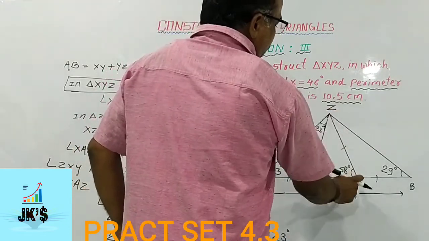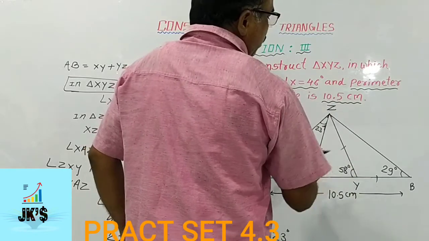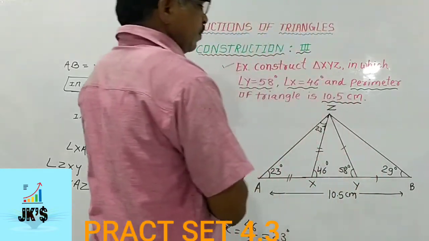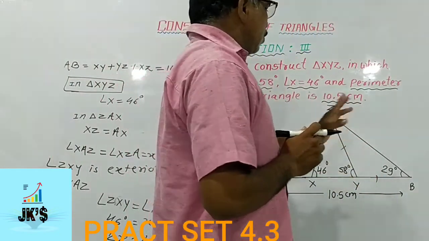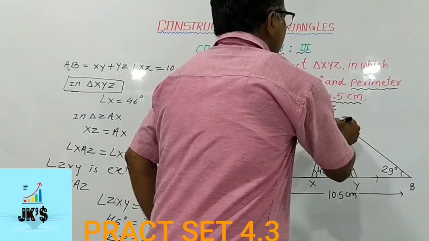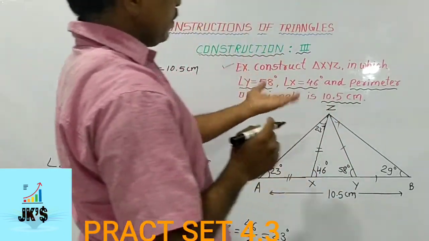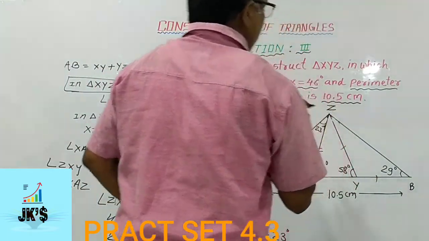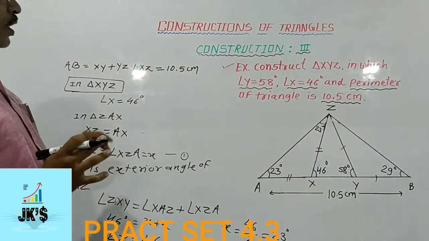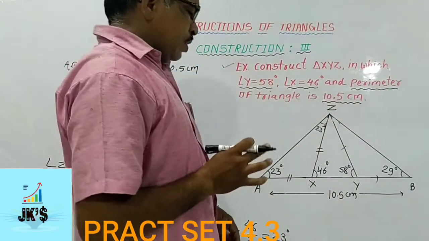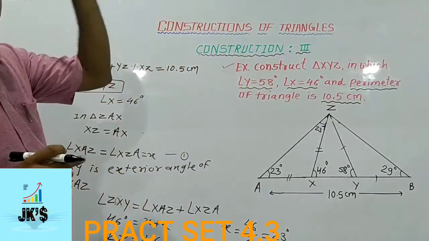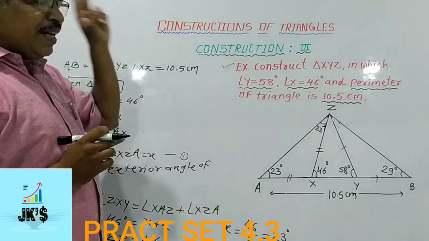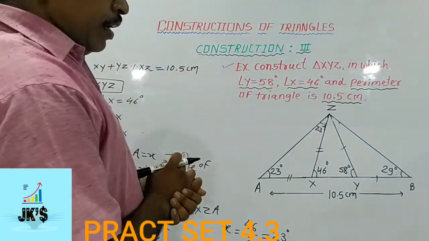Hence ZYX equals angle YZB plus angle YBZ, means 2 into y, suppose this is y, equals 58. 58 divided by 2 is 29. Hence this angle is 29. In this way, while constructing such types of triangles, we use two theorems. First one is the isosceles triangle theorem, and second one is the remote interior angle theorem.